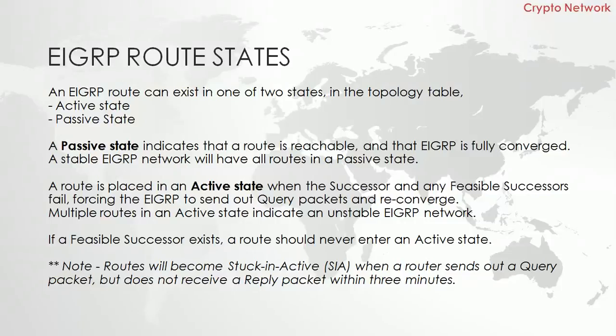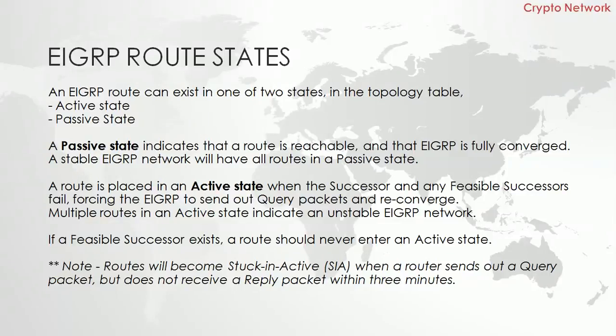All right. So we have route states in EIGRP, active and passive. A route is active when it is undergoing recomputation, and considered passive when the router is not performing recomputation on that route.